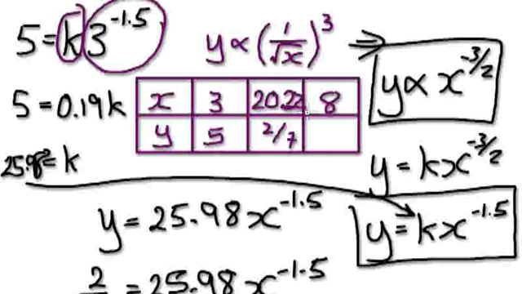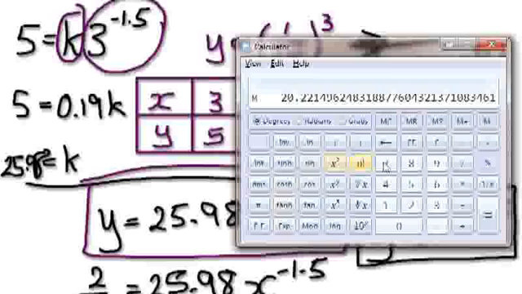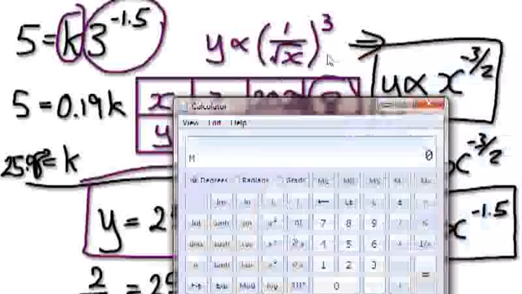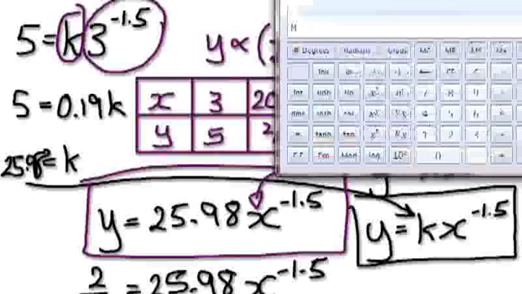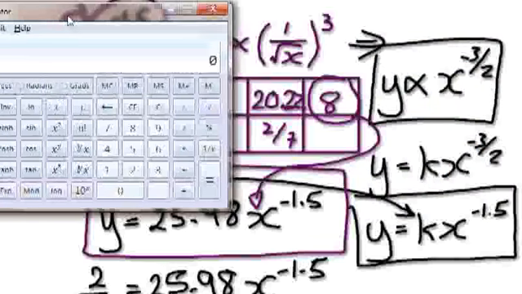Okay, and then to work out y here, where's our equation? Our equation is this one here. So now we've got x, we've got the 8. Put the 8 into here. Let me clear this. So to do this, it would be 8 to the power of minus 1.5.